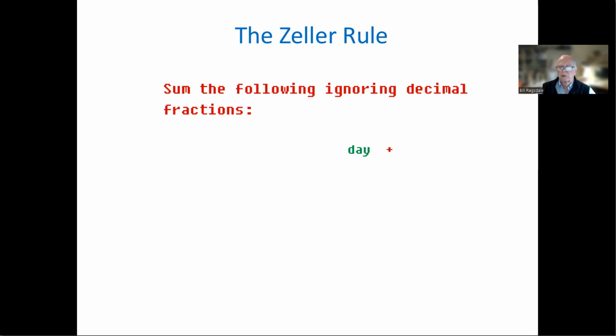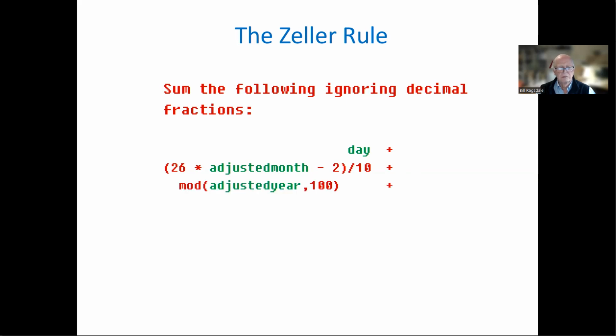Now the Zeller rule itself. We begin with the day number. So for example, July 4th, we begin with the number 4. Then we take the adjusted month, and in the case of July, the 7th month, it would actually be month 5. It's multiplied by 26, 2 is subtracted, and divided by 10. Why? I don't have the slightest idea.